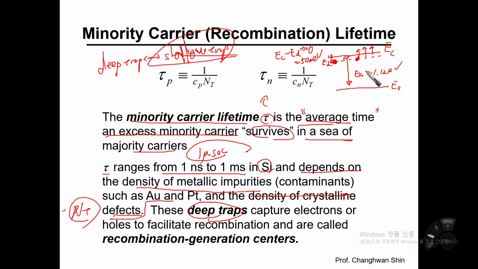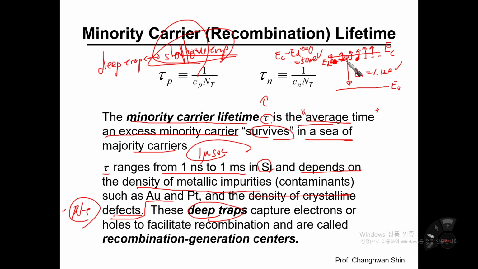Now you may guess or capture the concept of shallow. Easy to become free. Easy means this trap site is very shallow, so once you are trapped, it is also easy to get trapped out, right? The in and out process is very easy. Whenever we talk about something being easy, it means the energy difference is very small.